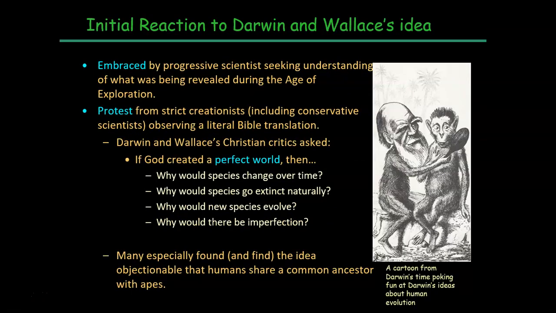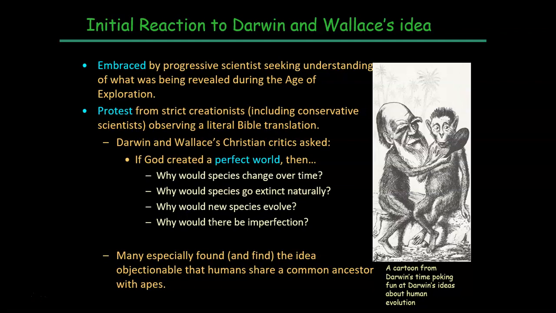Okay, so in Darwin's time, as I said before, a lot of biologists, naturalists, especially younger, more progressive ones, quickly embraced his ideas. Darwin got a lot of the credit for this because he's the one who wound up writing the book about it.